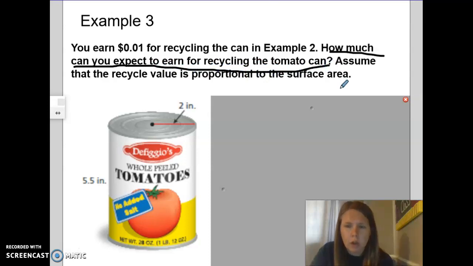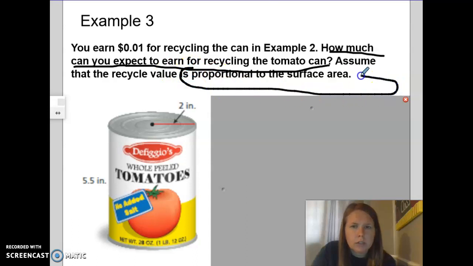They want to know, based off how much you got for the other can, can you figure out how much you should be getting for this can? It says assume that the recycled value is proportional to the surface area. So we're going to be looking at those proportional ratios again.